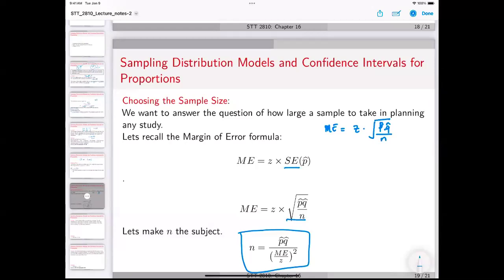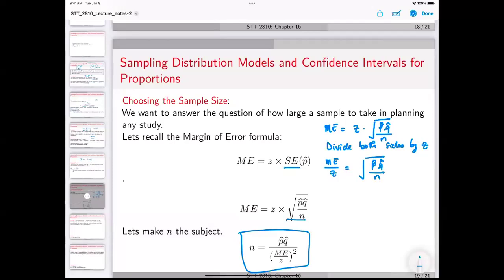So to make N the subject, let me divide both sides by Z. If you divide both sides by Z, you are going to get margin of error divided by Z equals the square root of P hat Q hat over N. Do you all agree to that?